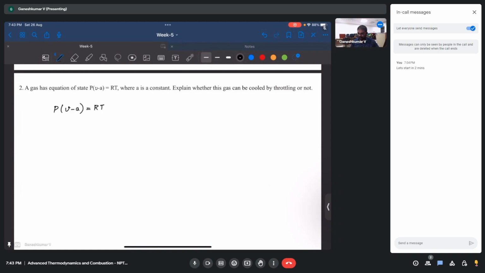Right. Now we know the Joule-Thomson coefficient, right? So how does the Joule-Thomson coefficient look?